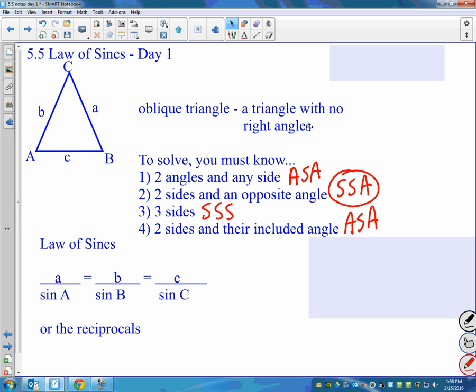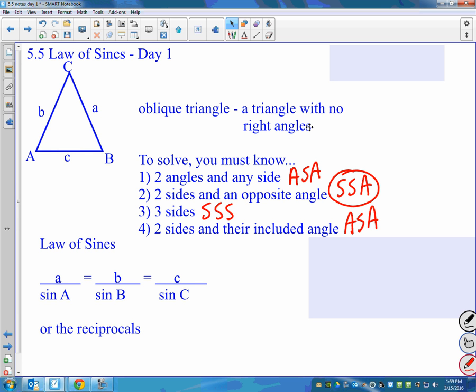So you can say the law of sines: side a over the sine of angle A equals b over the sine of angle B equals c over the sine of angle C. And if you remember about proportions, it doesn't matter which way you write it, they're reciprocals.